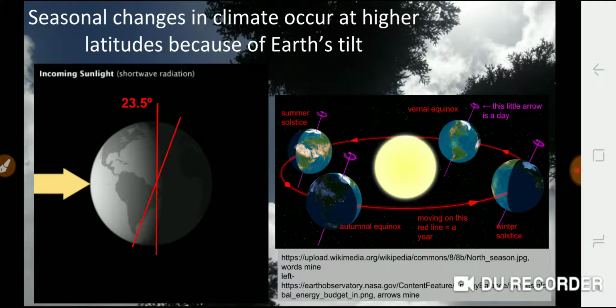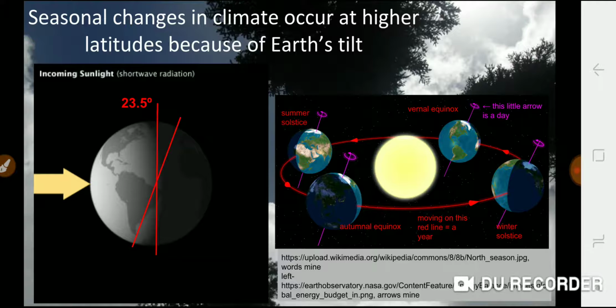So when we're thinking about seasonal changes, it has to do with these two ways that the Earth is moving. There we see the 23-degree tilt again on the left, and then on the right we see the sun in the middle, and as the Earth moves around the sun, following that bright red line, this is like a year, okay?